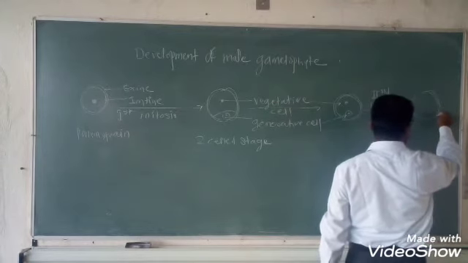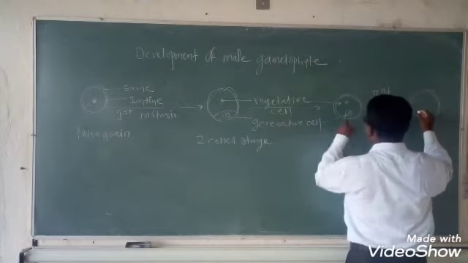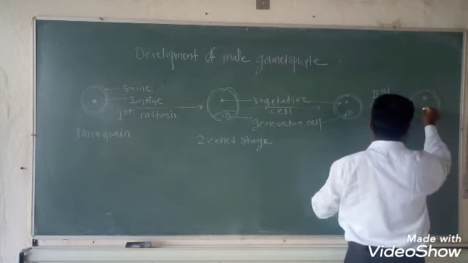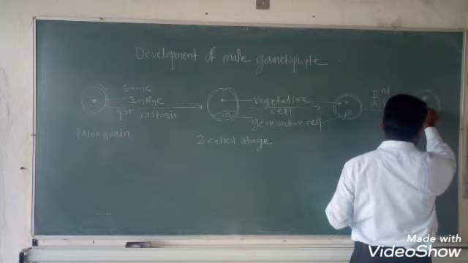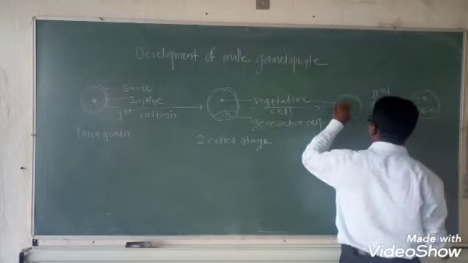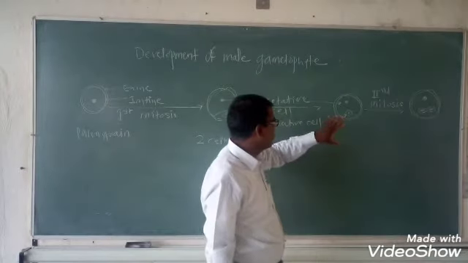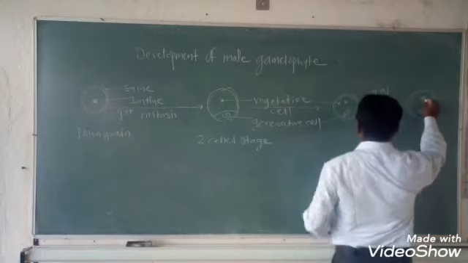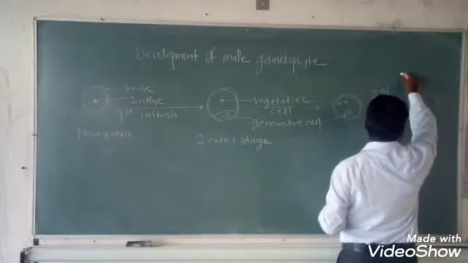For example, this is the vegetative cell, this is the nucleus and cytoplasm. The generative cell starts dividing. Then this is a vegetative cell and this is a generative cell.